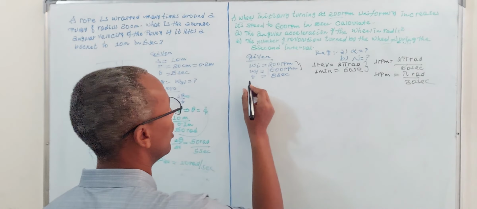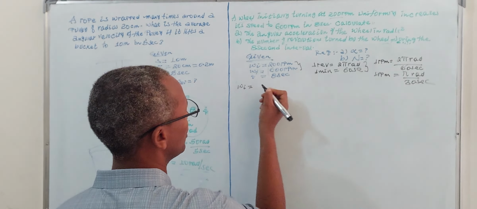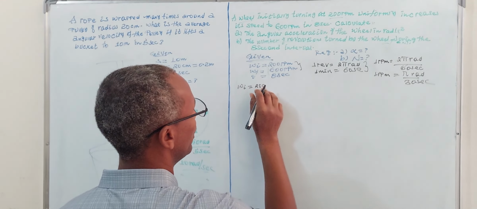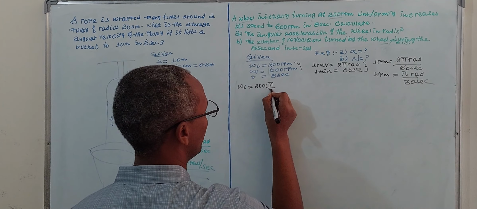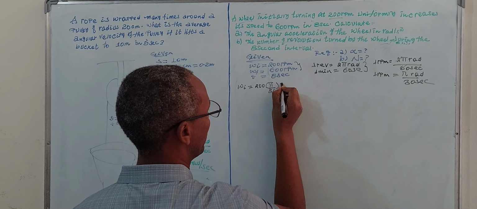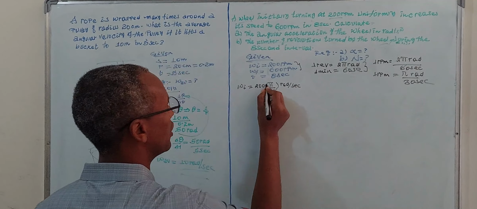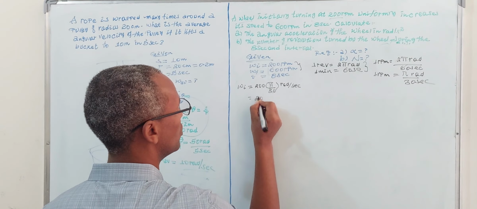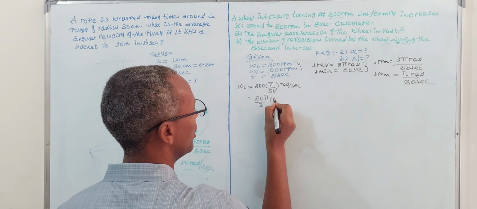So the initial angular velocity, which is 200 revolutions per minute, means 200 pi over 30 rad per second, and from here you will get 20 pi over 3 rad per second.